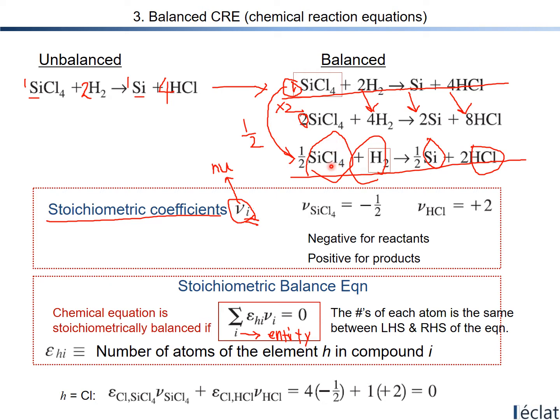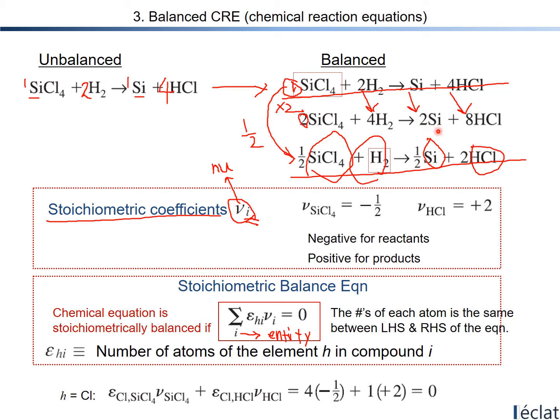So what's the value? The answer is 4. 4 chlorine atoms exist in this tetrachlorosilicon. So here's 4, multiplied by the stoichiometric coefficient of the corresponding entity, minus 1 over 2, then plus, let's go to the other entity. In the second entity, H2, there are no chlorine atoms, so you don't need to think about that.